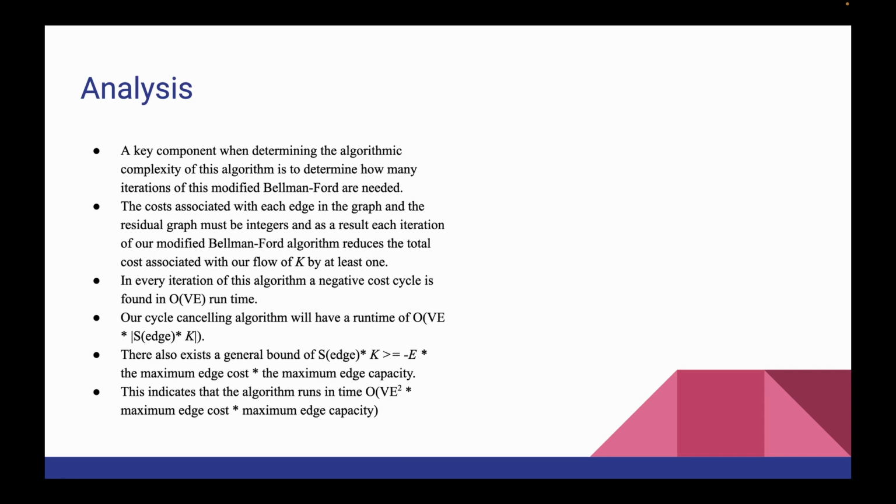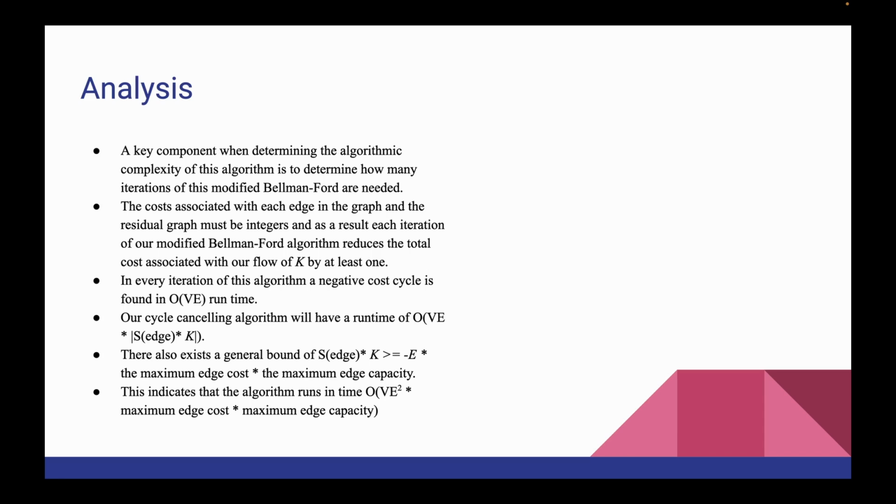Our cycle canceling algorithm will have a total runtime of order VE times the absolute value of the cost of an edge times K. There also exists a general bound of the cost of an edge times K greater than or equal to negative E times the maximum edge cost times the maximum edge capacity.